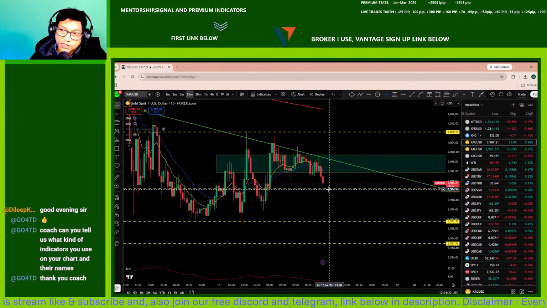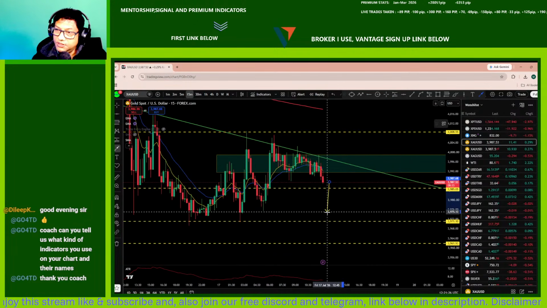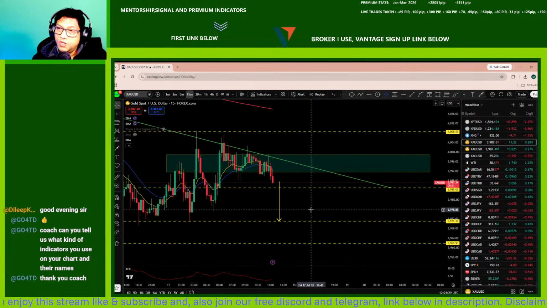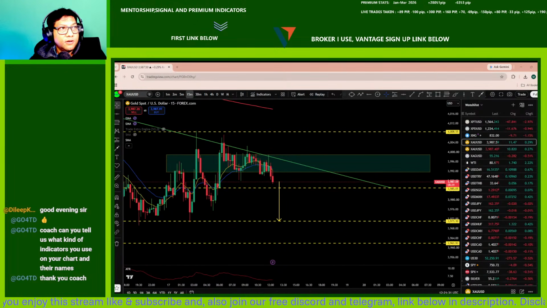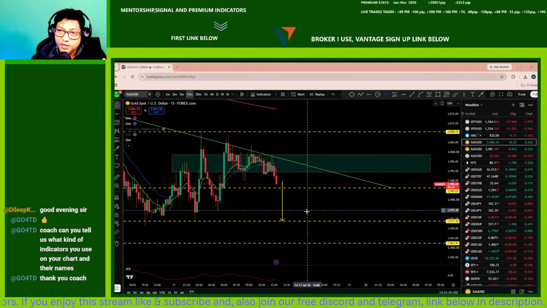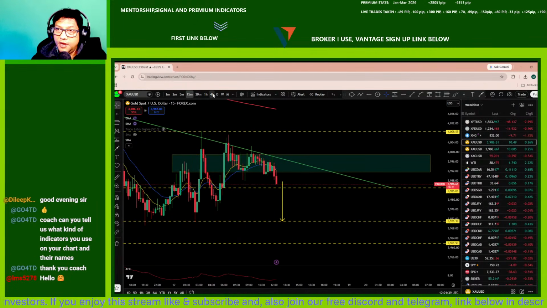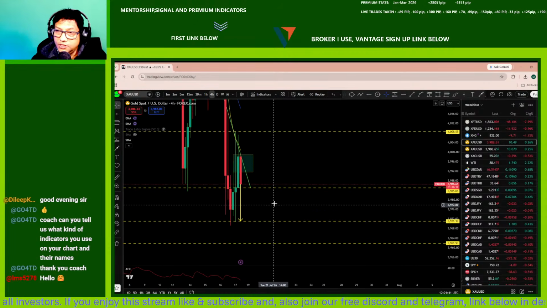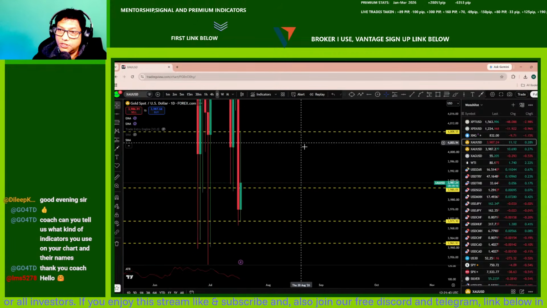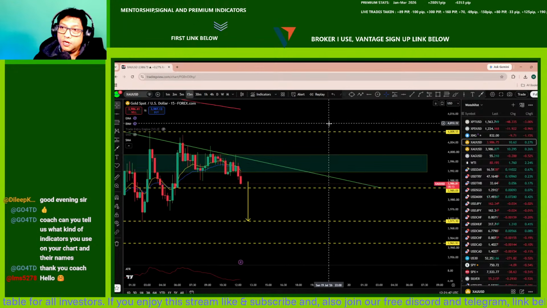Now there is an imbalance along this area. Here is a significant imbalance, and the price action is most likely to fill that imbalance, and that is where, if you look at the daily support, you could go for long or you could go for short depending on the price action.